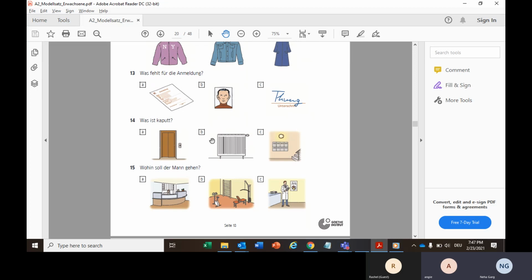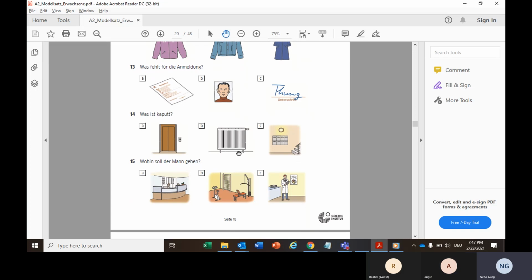B or C? I wrote C. Okay, so I'll tell you the situation. If there's any confusion, I'll clarify that. One person from the building called the mechanic, and the mechanic says that we already came to your building yesterday and we repaired the Aufzug and also the lamp in the stairs. So the person is saying, okay, but now the Heizung in my house is not working. So come and repair it. So the correct answer is B.